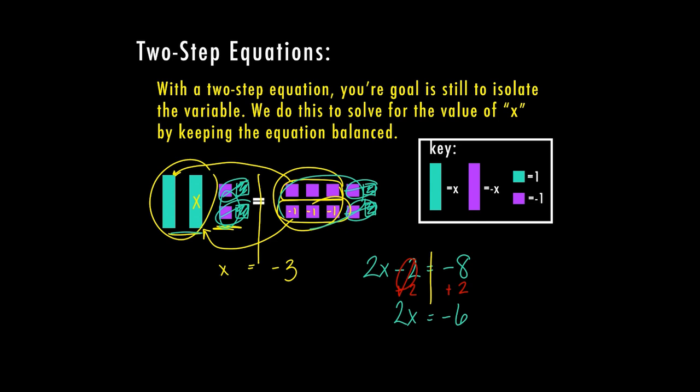Don't forget your integer rules. Now my last step, I have to divide both sides by 2 in order to get my x by itself. And I know that half of -6 is -3. So again, I end up with the same answer as my picture, x equals -3.